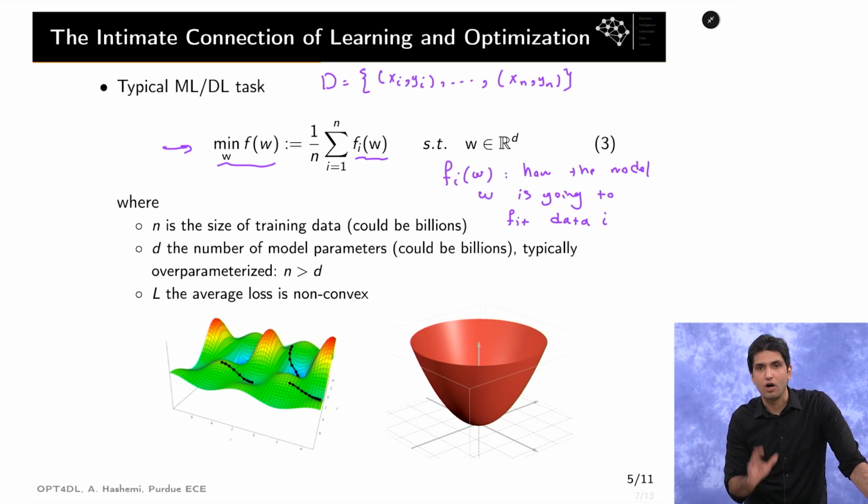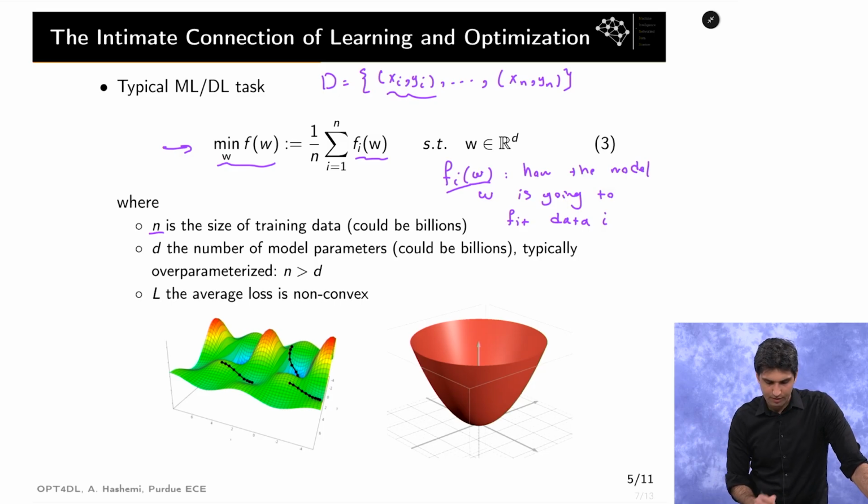For instance, x_i could be thought of as a collection of pixels. y_i could be thought of as a label that says whether this image is an image of a car or not. And f_i captures how a model w, or how a specific neural network with parameters w, can fit the i-th sample. So this is a specific structure that you can imagine for a lot of learning tasks in optimization, in machine learning and deep learning.